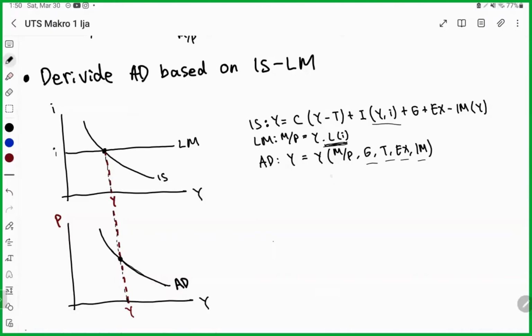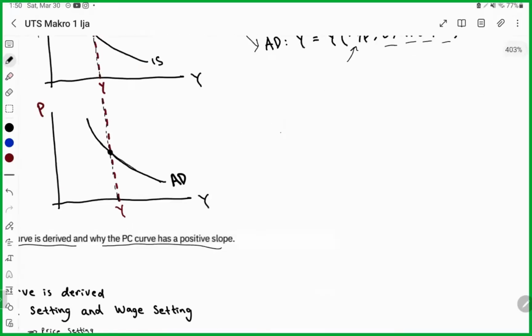The goal of this substitution is basically you want to see the correlation between price and Y. And then you get this aggregate demand equation. And as you can see, this is very related because both show the goods market equilibrium. Okay.